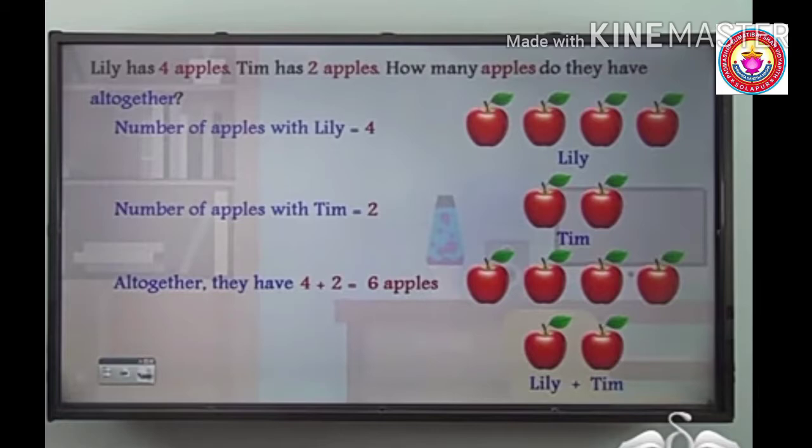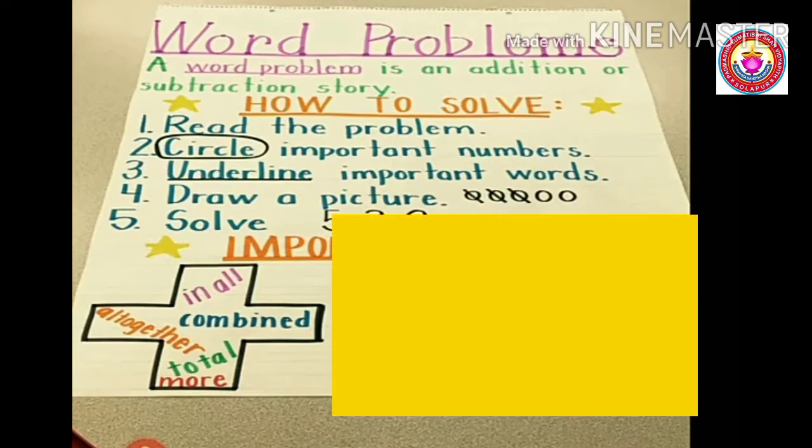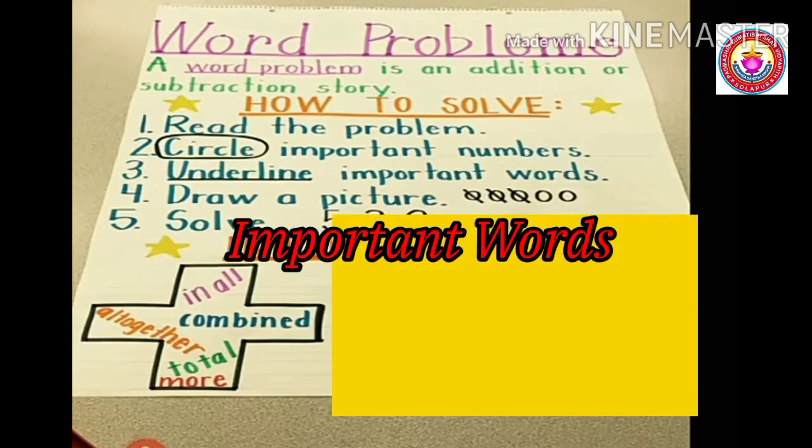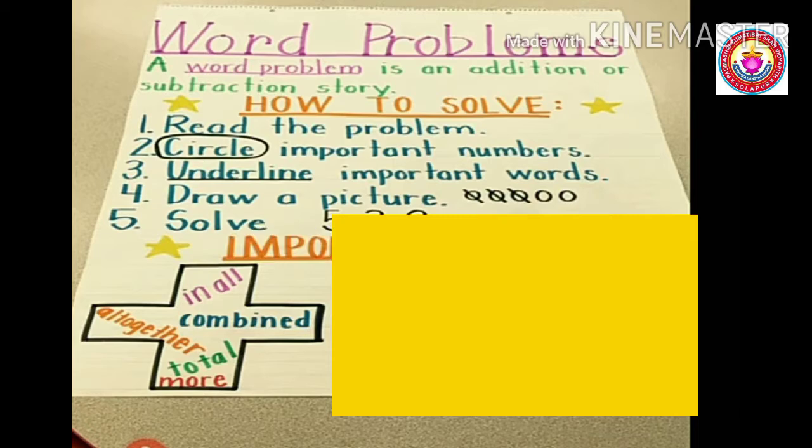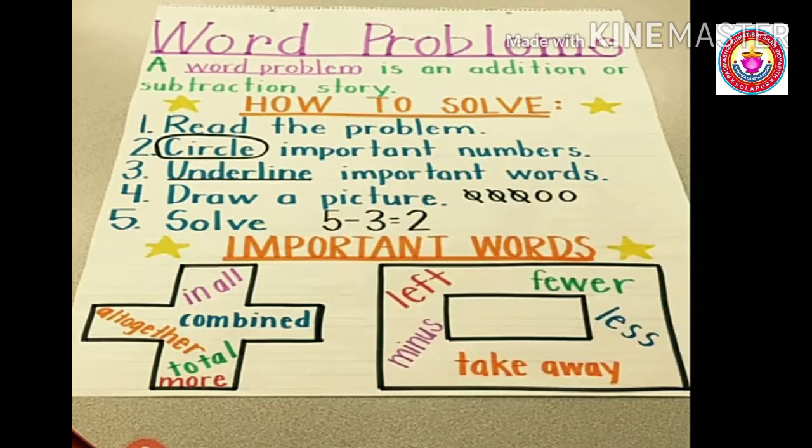Before solving a word problem, you have to first read your problem. Word problems mean story of sums. You have to keep some points while doing word problems. Just keep in mind. First of all, read the problem carefully. Try to understand what is being said in the problem. Then circle the important numbers or digits which are given in the statement.